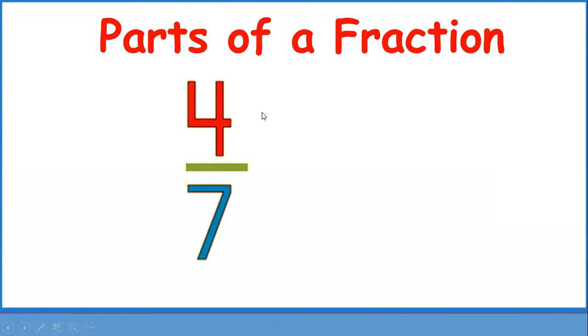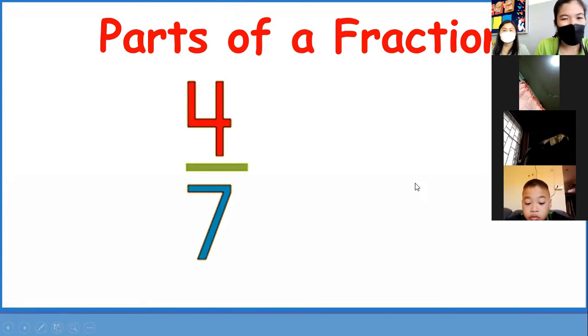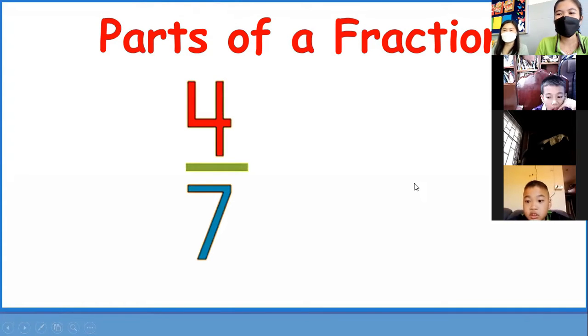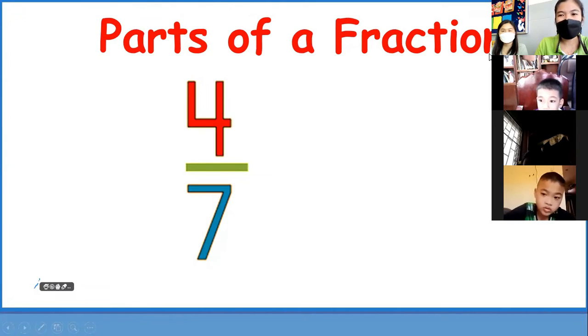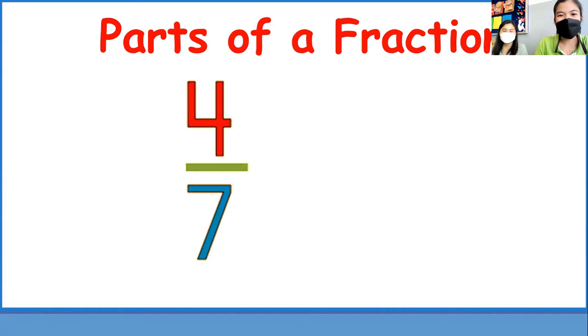I have here an example. How do you read this fraction? Who can read this fraction? 4/7. That's right, 4/7. Now, what are the different parts of a fraction? So 4 we have here, this is read as 4/7.